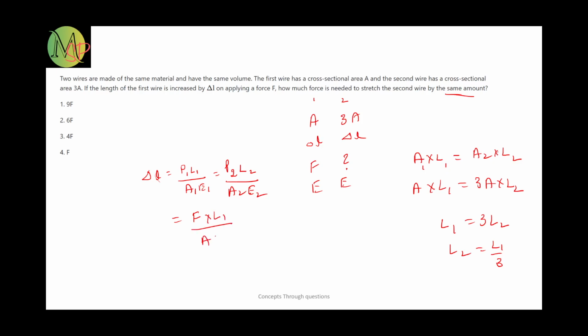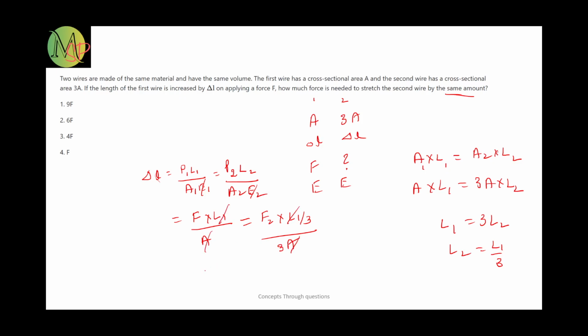Area is A. Young's modulus is the same because the material is the same. This is force F2. In place of L2, just you can put L1 by 3. A2 is 3A. So A gets cancelled, L1 gets cancelled.